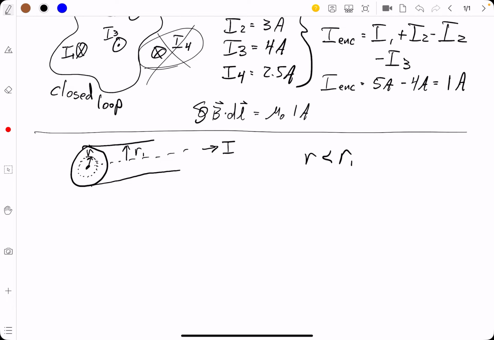So we want to know what the B field is at r. All right, so here's how this works. I'll just write what the question is. What is our B of r at radius r?